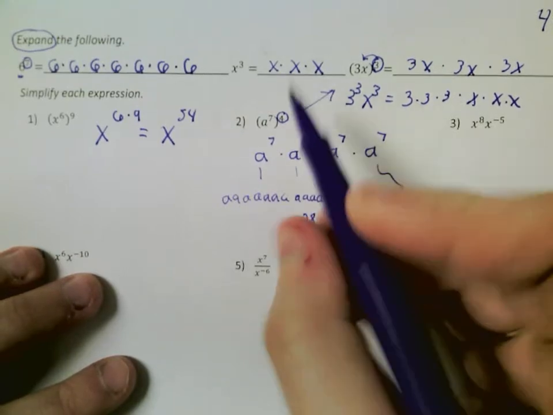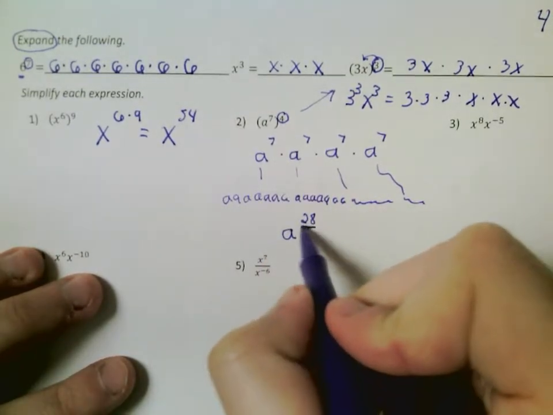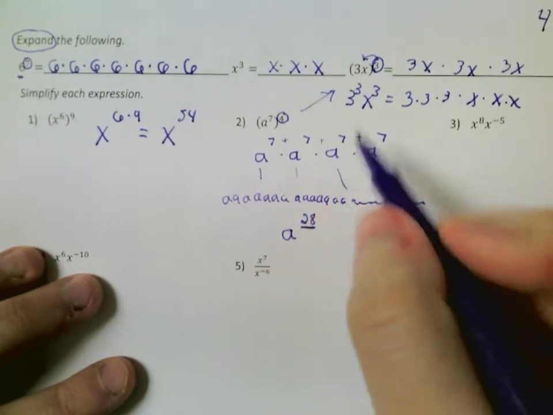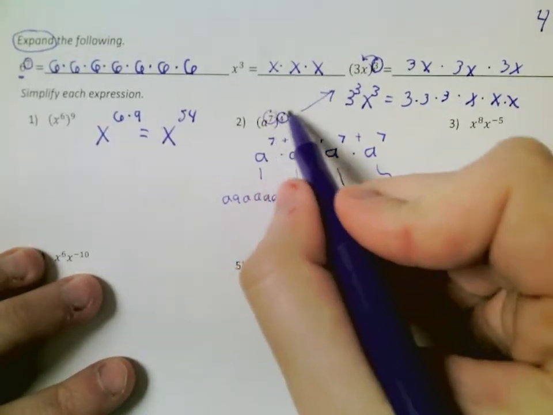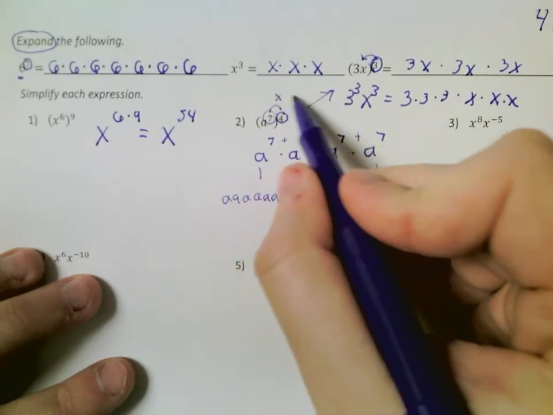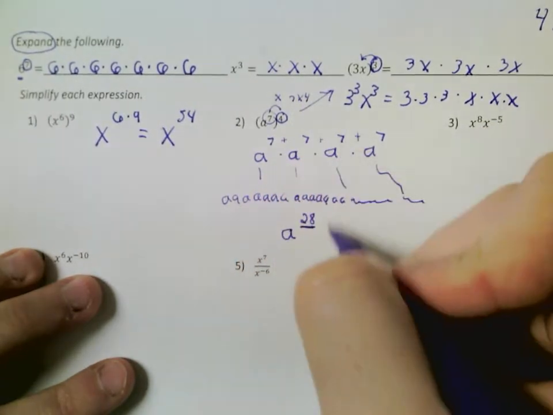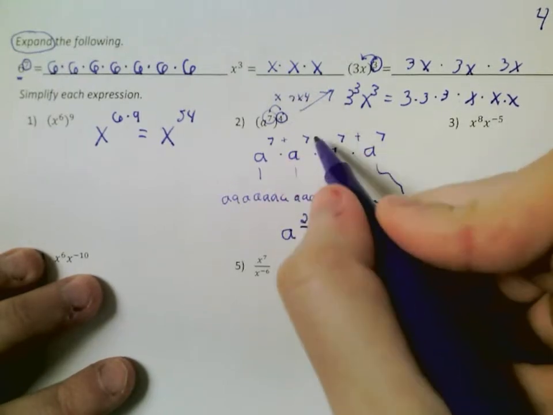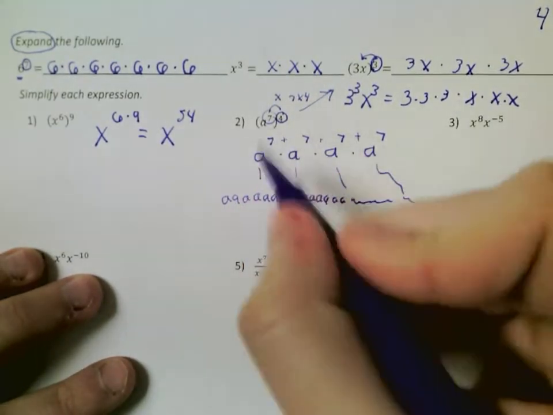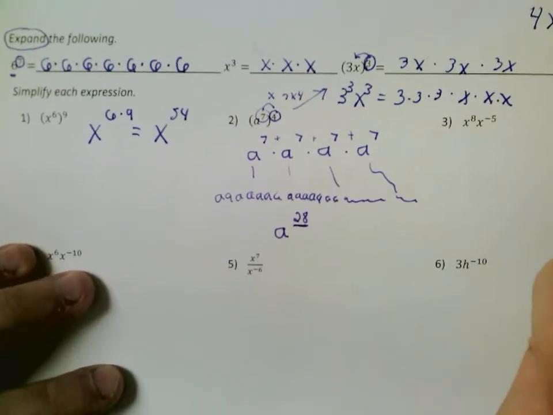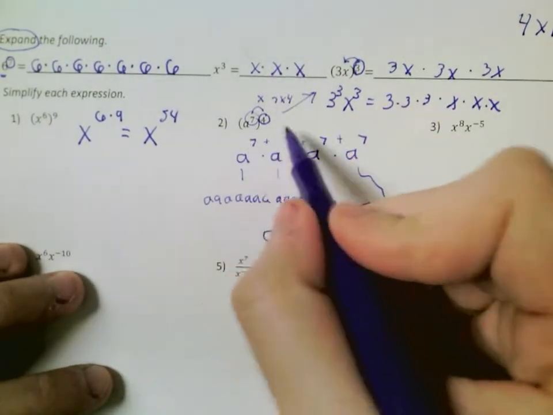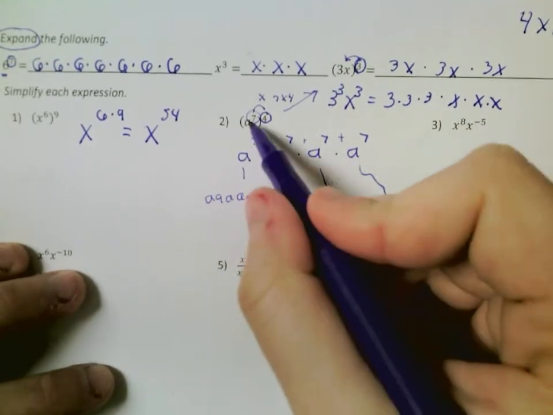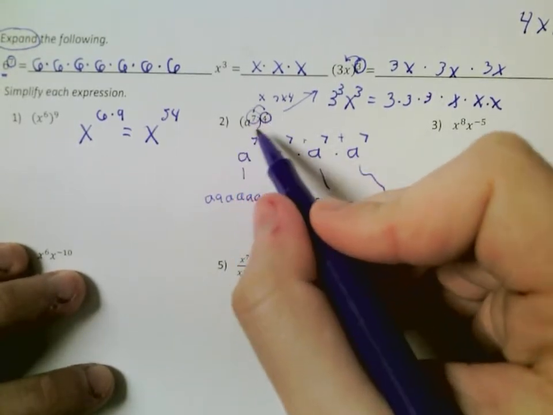And I will say that in this particular example, I got 28 because I added the 7's. If I take 7 and multiply it by 4, 7 times 4 would also give me 28. So it doesn't really matter whether you multiply or write it out and add them. Just keep in mind that if you don't write it out as 4 separate a's, and you just leave it in this form, you do need to do multiplication, 7 times 4.